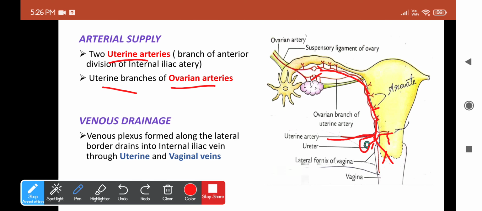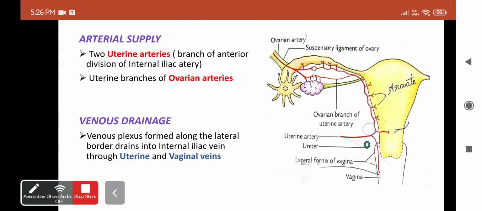At the body they give arcuate branches, which run transversely and anastomose with their counterparts along the anterior and posterior surface, and finally it gives tubal branches at the fallopian tube. So the main arteries are the uterine arteries and the ovarian arteries. The venous drainage is by the uterine and vaginal veins, which ultimately drain into the internal iliac vein. It's simple to remember.